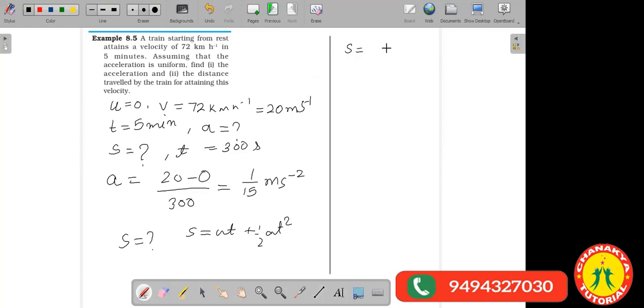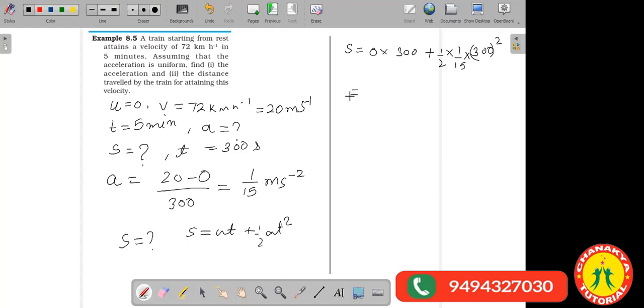So S equals 0 initial velocity multiplied by time, which is 300, plus 1 by 2 multiply acceleration, that's 1 by 15, and multiply 300 squared. So now see, here your calculation is very important.